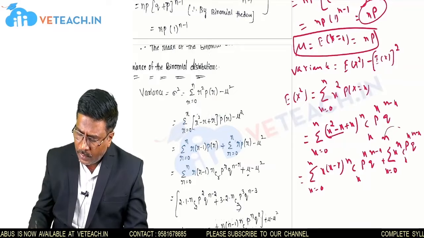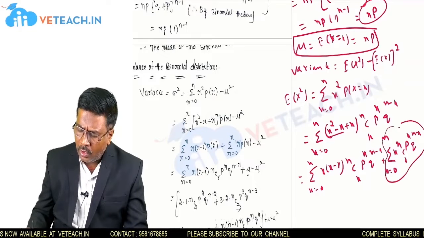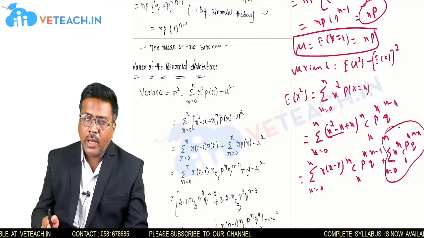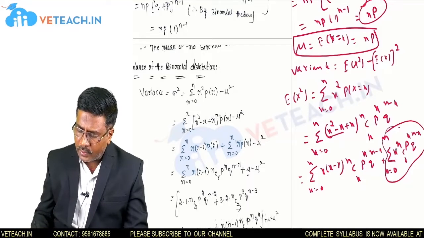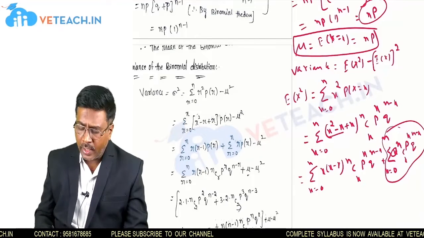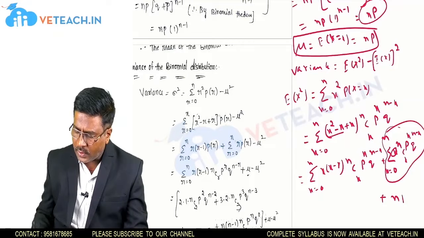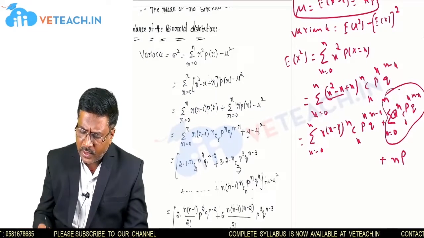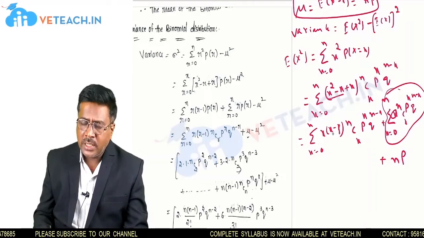There is no need to evaluate this, because it was already evaluated. This is the first moment, which you are already aware of, that is the np value. Now here we have x into x minus 1, so I want to cancel the terms.